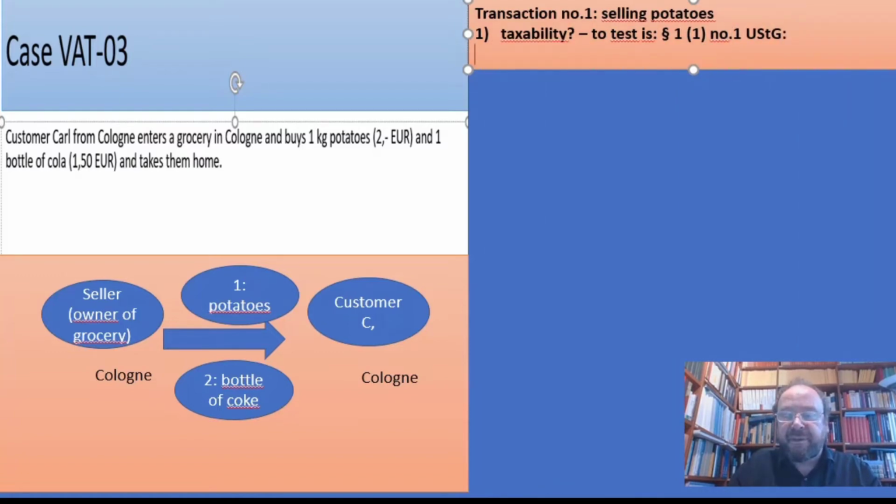And let's begin with those criteria, which are the easiest ones: is the acting person an entrepreneur. And there we have to find out what has to be tested now. So let's look again to the TaxAct slides. We seem to remember, I think, that this was in paragraph 2, section 1, sentences 1 and 3, USTG. So let's look up there what they say and if it applies.